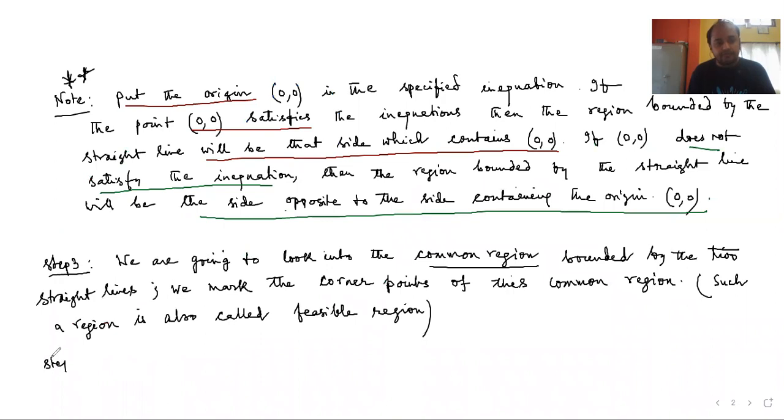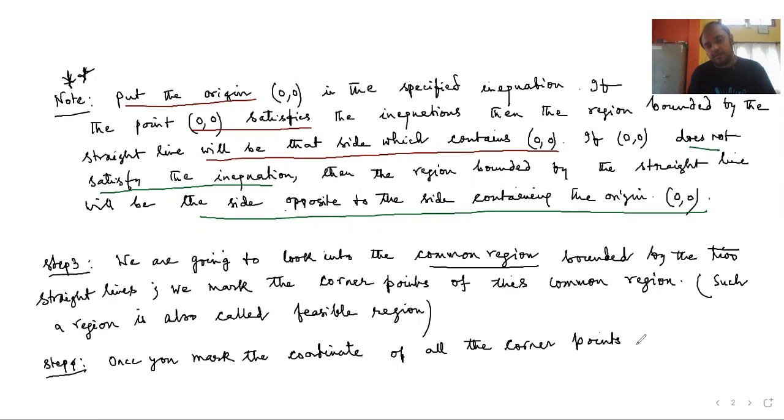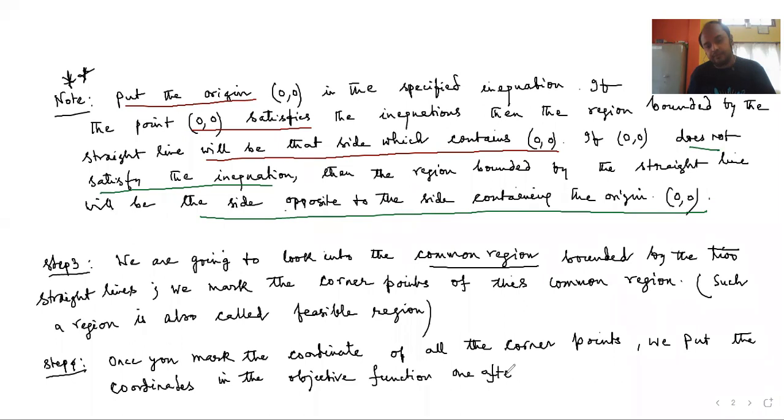And step number 4 is that once you mark the coordinates of all the corner points, we put their coordinates in the objective function one after another as follows.